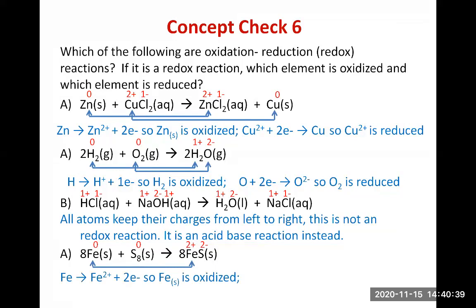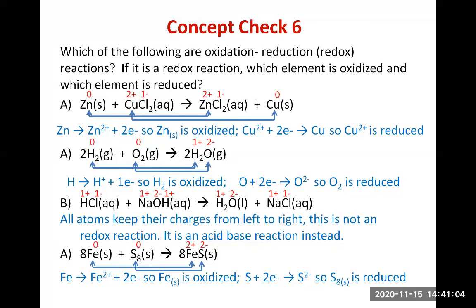And then S goes from a state of 0 to a state of -2. So this means it has gained 2 electrons. So from S plus 2 electrons, it gets to a state of S2 minus. It has gained electrons, so S8, the solid, sulfur in its natural state there, has been reduced.